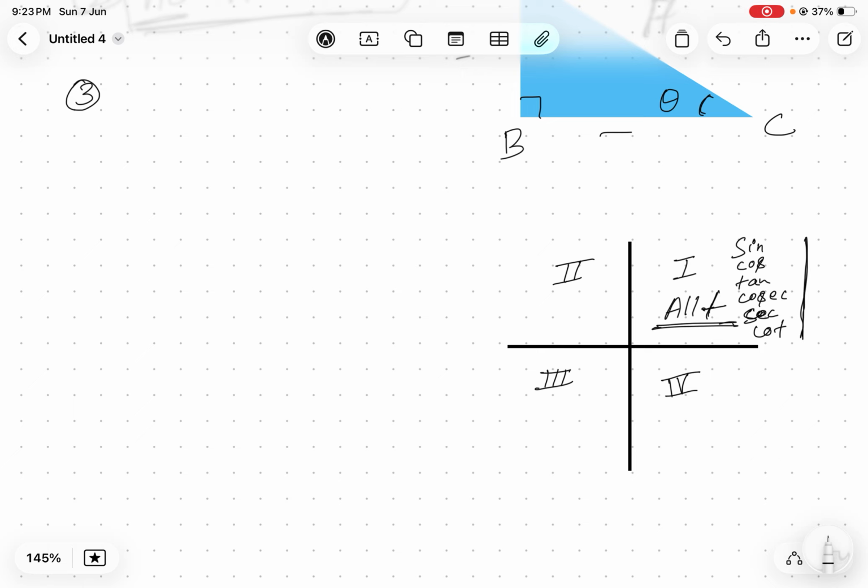Point to be noted. In second quadrant, sine and cosec is positive. Point to be noted. In third, tan and cot is positive, and all the other remaining four trigonometric functions are negative in third quadrant. And here cos and sec is positive.